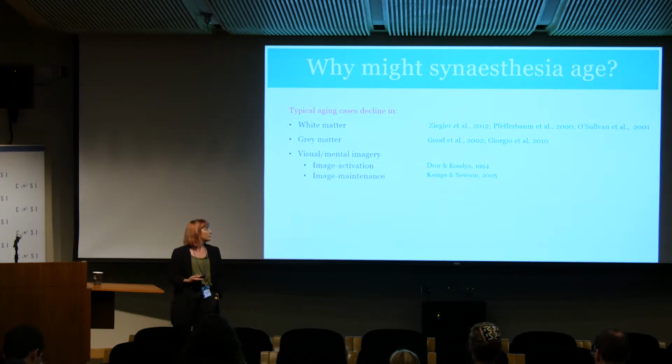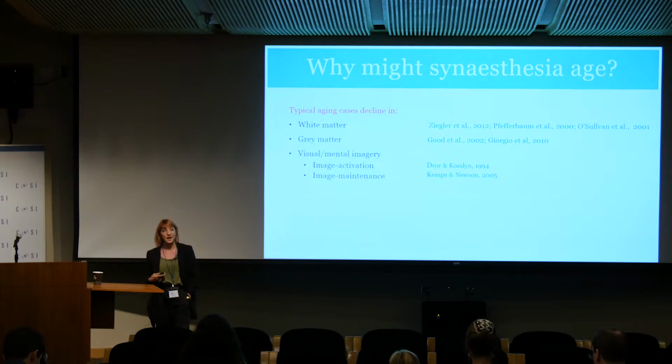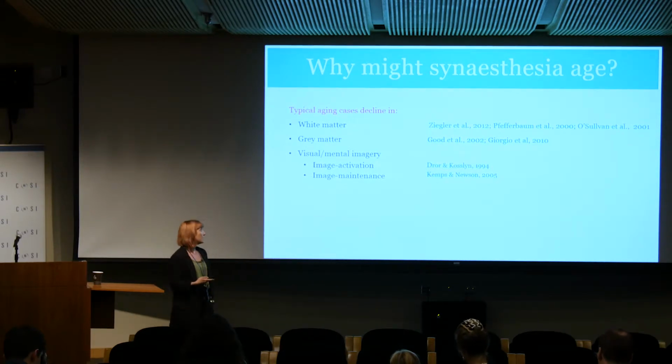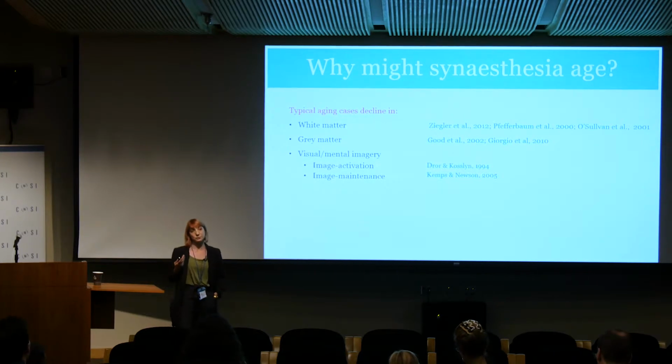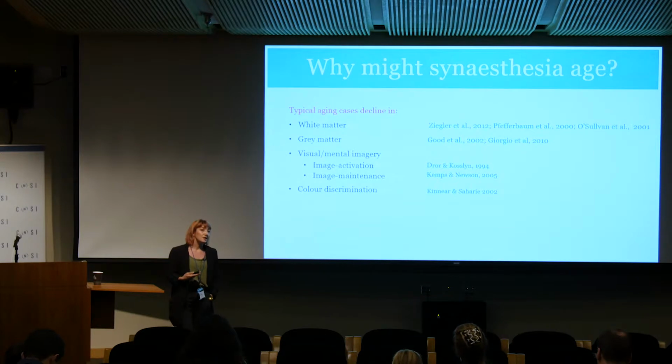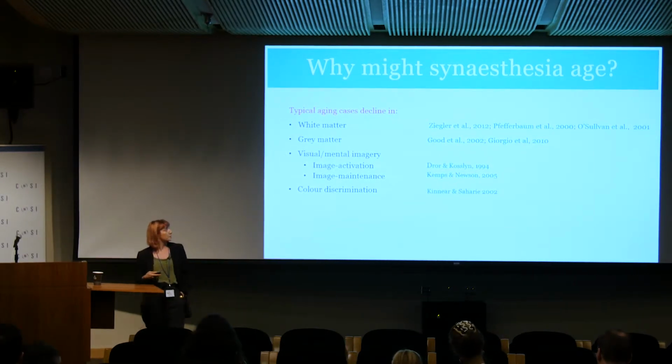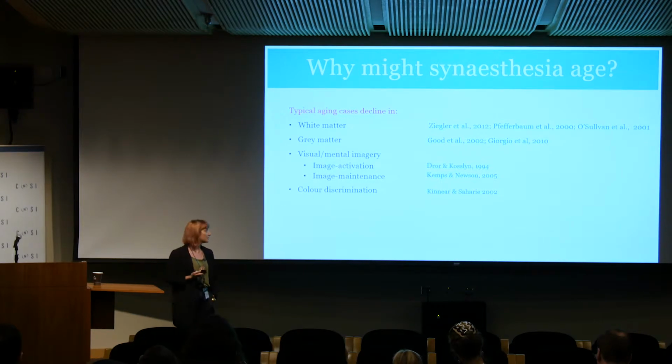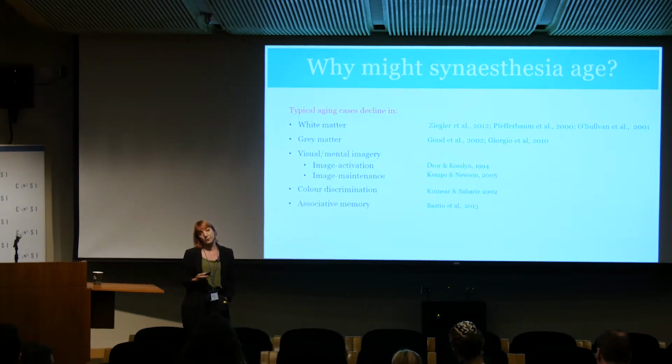Visual and mental imagery also becomes poorer, so older individuals find it more difficult to activate images stored in their memory. They also find it more difficult to maintain visual images in their working memory. Color discrimination tends to become poorer, mainly because of macular degeneration and yellowing of the lens in the eye, and associative memory and episodic memory also tend to decline.